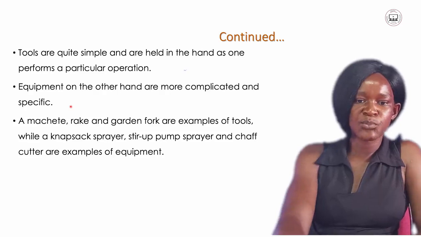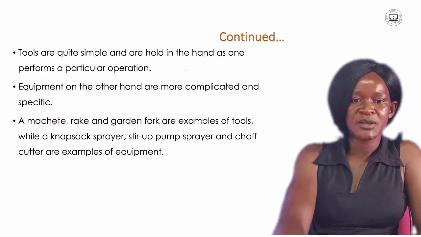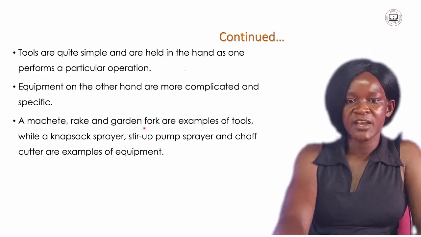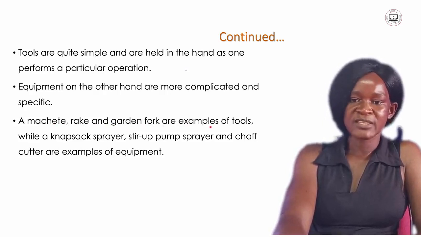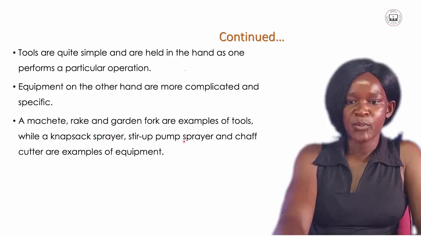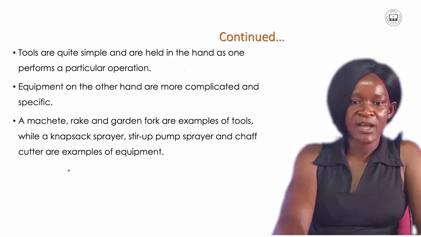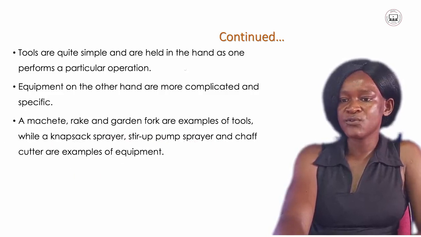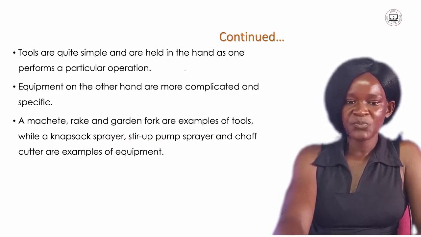Good examples of farm tools are machete, rake, garden fork. Knapsack sprayer, stirrup pump sprayer, chaff cutter are examples of equipment.